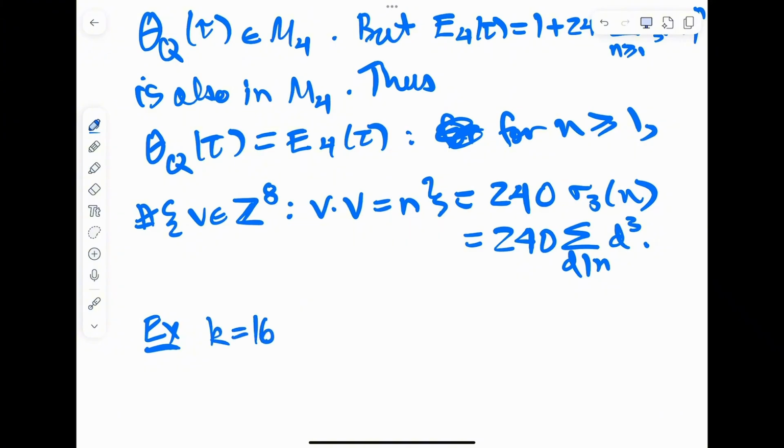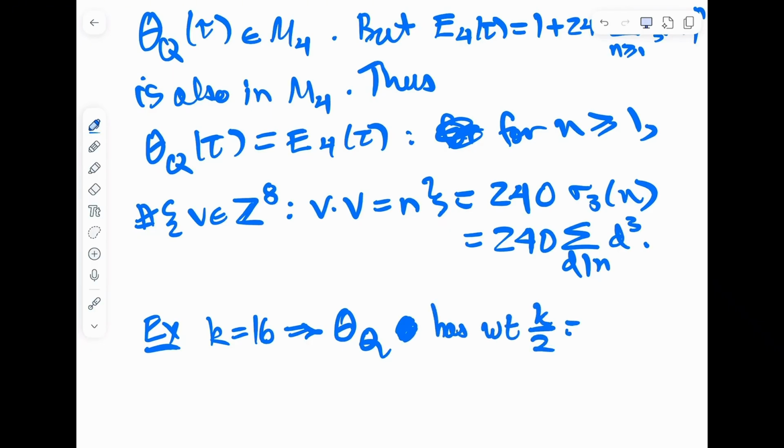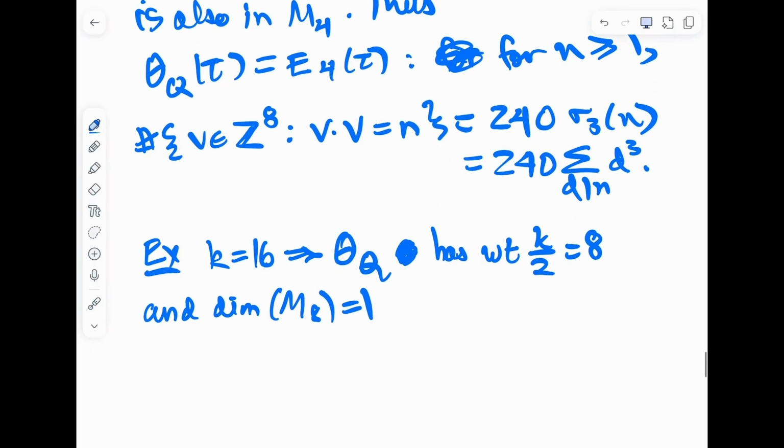Yeah? And the last thing I was going to mention is if we took k equals 16, in weight 16, if you have an integer valued quadratic form of dimension 16, then this will have weight k over 2, or weight 8, and the dimension of M8 is 1.